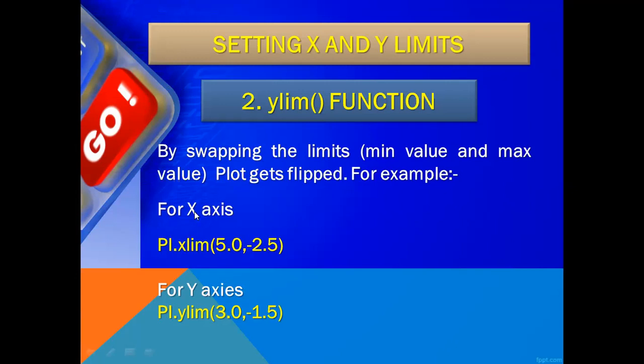For example, for the x-axis, pl.xlim, with the maximum value first and the minimum value second. And for the y-axis, pl.ylim, again with the maximum value first and the minimum value second.